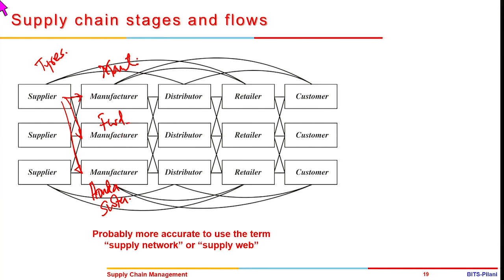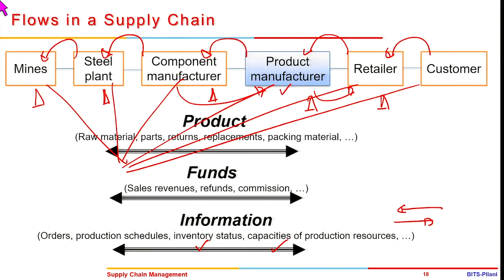Now, scooters and Ford cars are not competitors. Maruti and Ford are competitors. So you will find that supply chain flows happen in a more complex way as compared to what we had seen in the previous slide.